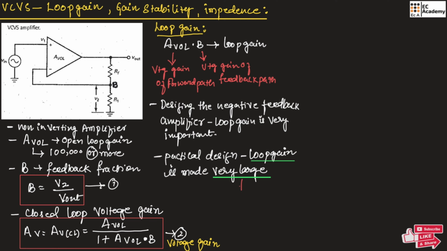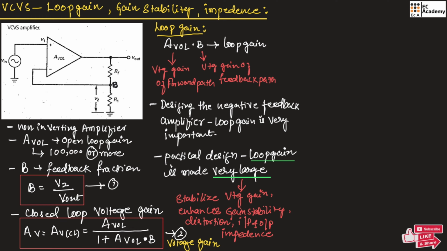This large loop gain will stabilize voltage gain, and it enhances gain stability, distortion, input impedance and output impedance.